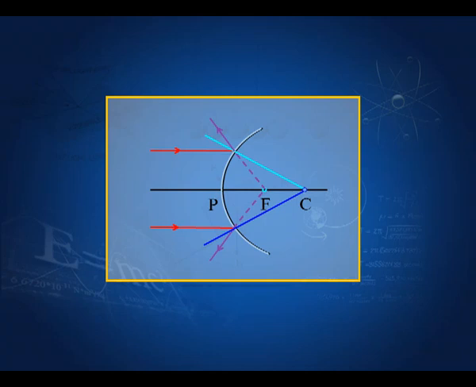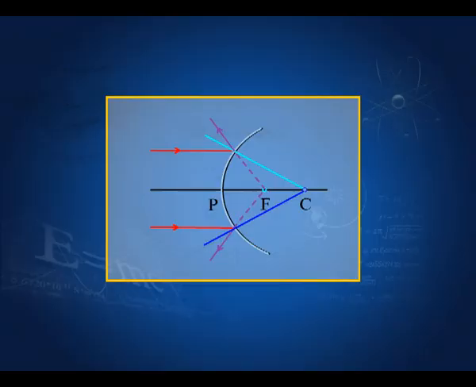So, C gives the normal to the mirror, and this angle of incidence is equal to this angle of reflection. So, the laws of reflection are obeyed, and the rays appear to come from the point F after reflection. According to our convention, PF is positive.